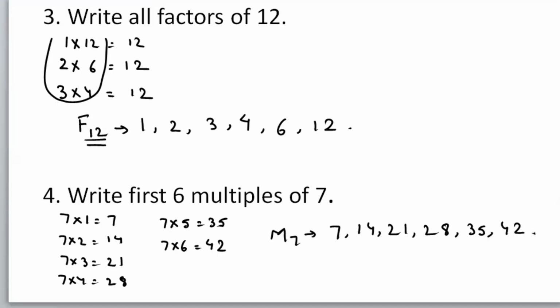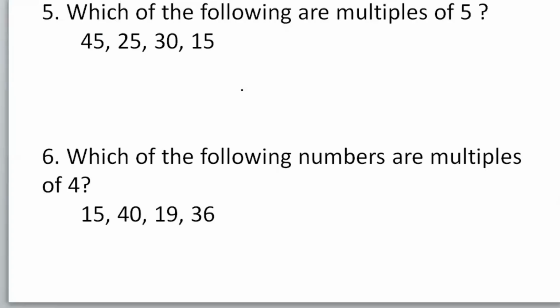The times table is very important in factors and multiples. You should know the times table. Then only you can solve it easily. Now comes question number 5. Which of the following are multiples of 5? So how will we find which of the following are the multiples of 5?